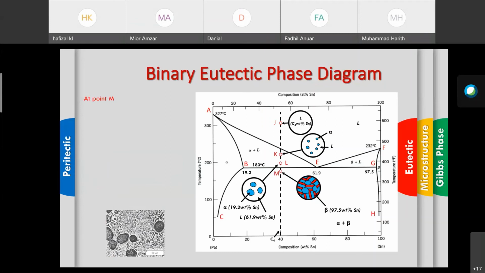At point L. How do we get the value 19.2% and 61.9, because at the line isn't it like 40%? At 40% this line. Yes. If this line is 183 degrees Celsius, exactly on this line, we will get 19.2 and 61.9, right?